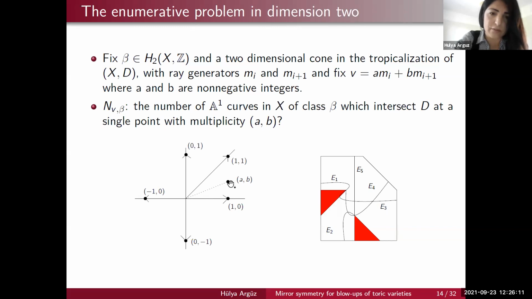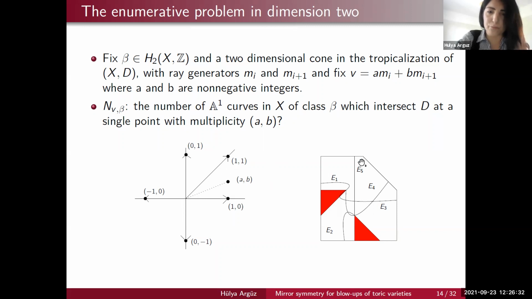So fixing a vector in a two-dimensional cone, if this is (a,b), it means that if you look at this ray going through infinity in the (a,b) direction, this would correspond to the tropicalization of a curve which intersects the divisor in the (1,0) direction with a and the (0,1) direction with b.